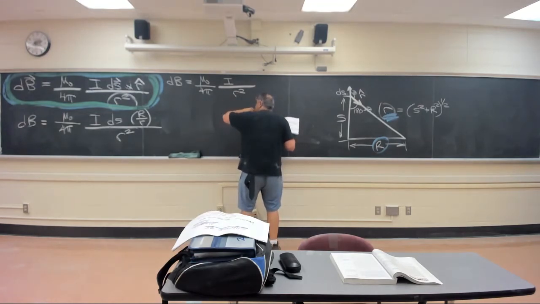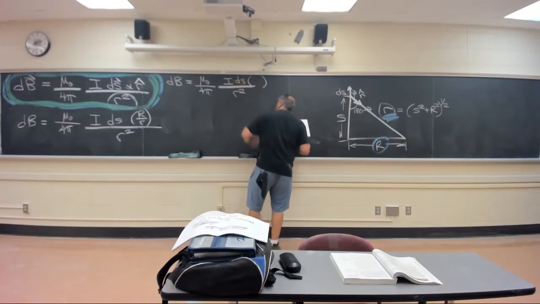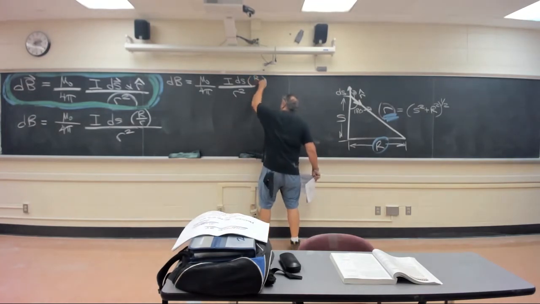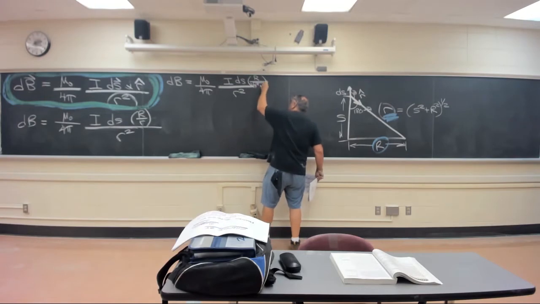Mu 0 I ds. What's going on here? What's capital R? Capital R remains what it is. They haven't really said too much about it. This right here is the square root of s squared plus r squared.